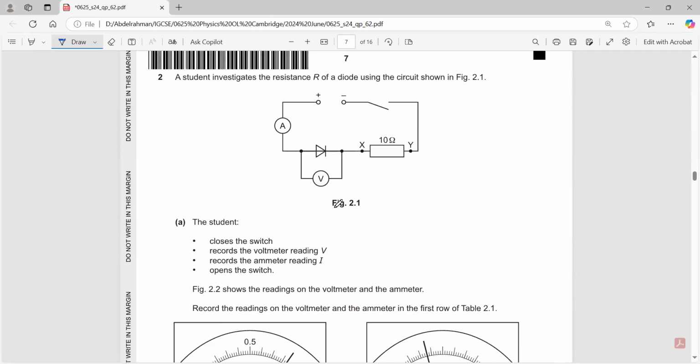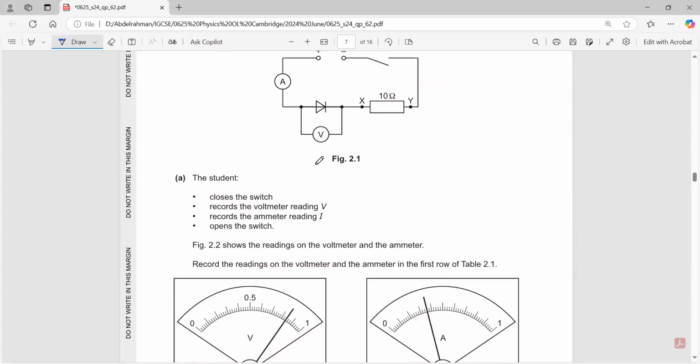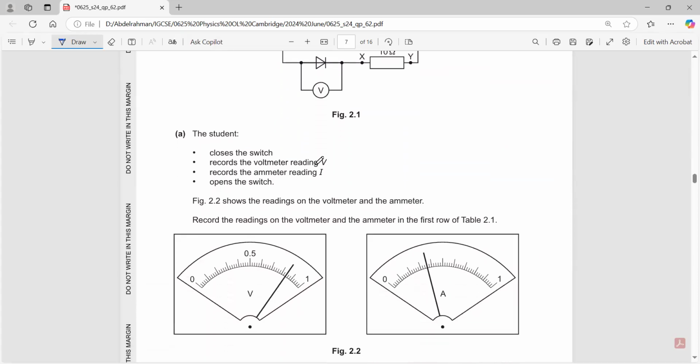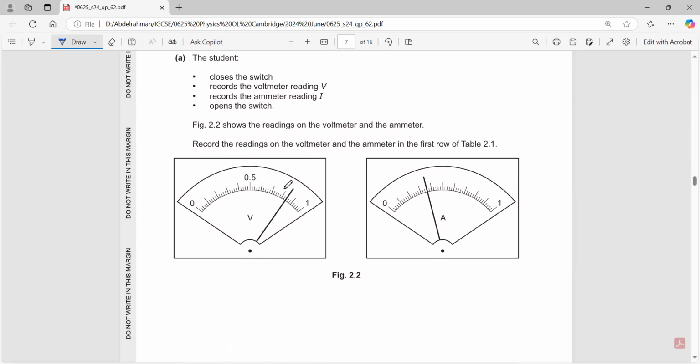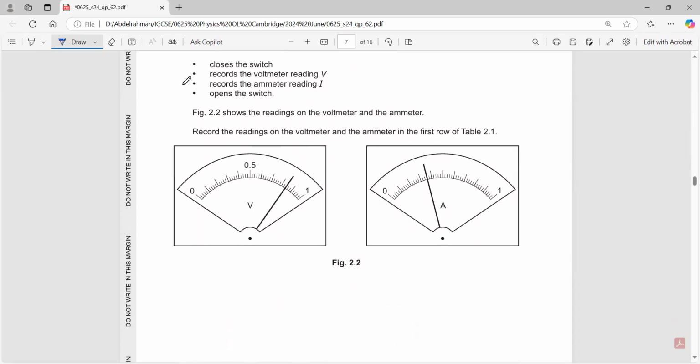Now we need to investigate the resistance of the diode. Can I find the resistance of the diode? The student closes the switch, records the voltmeter reading, and opens the switch. What was the reading on the voltmeter?